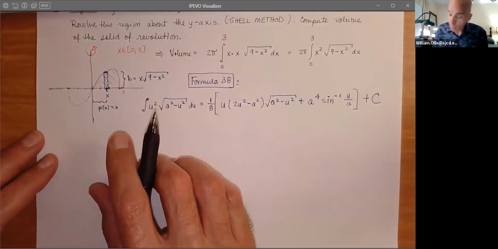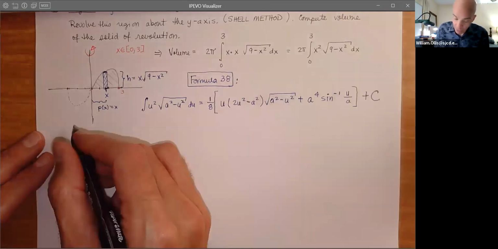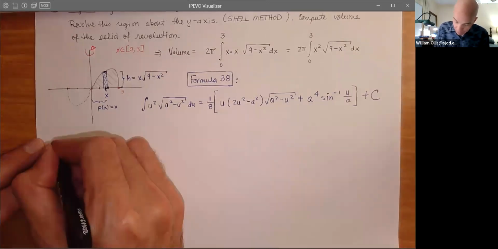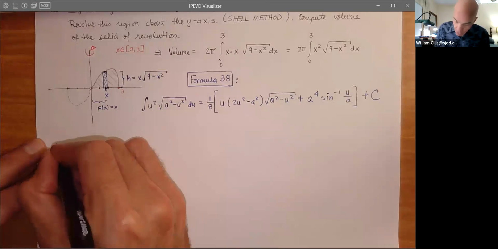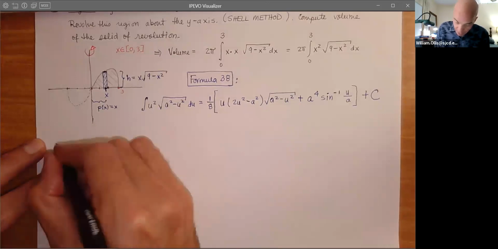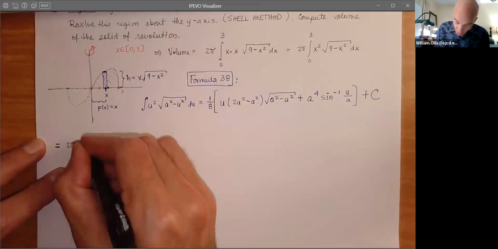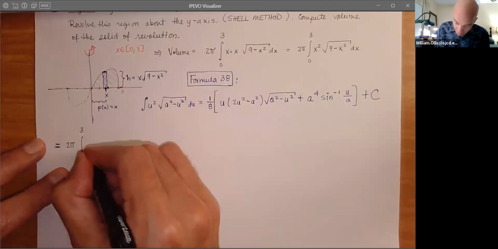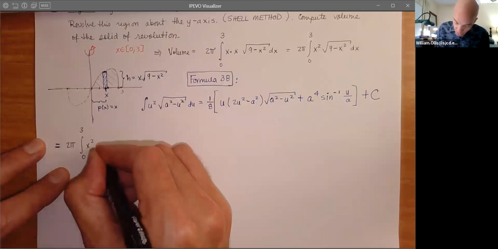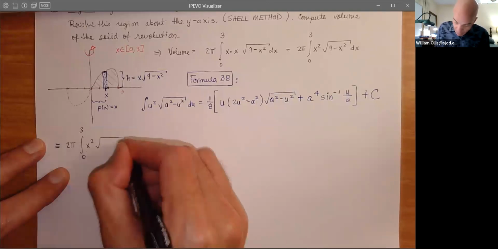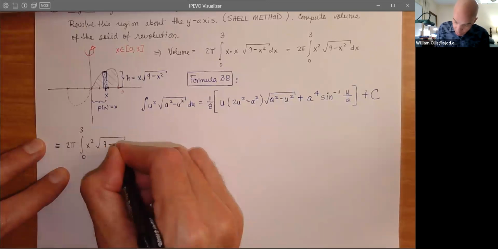So now our original integral, let me write it again so you can see it: 2 pi, integral from 0 to 3, x squared square root of 9 minus x squared dx.